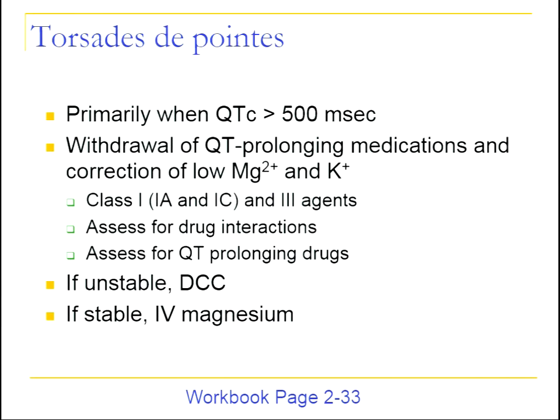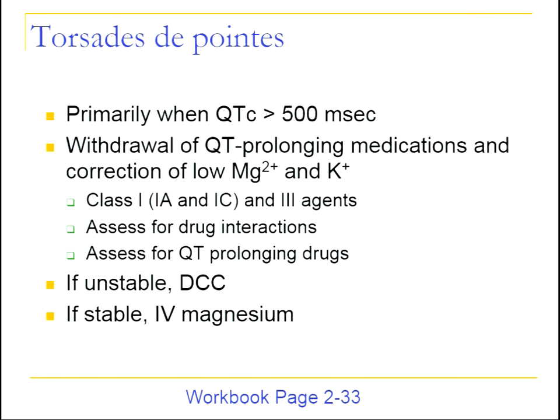Torsades is something that I think pharmacists really need to be aware of. This is a polymorphic VTAC, and most commonly torsades happens in someone who has a drug interaction, a drug that causes QT prolongation, or someone who has low magnesium or low potassium.